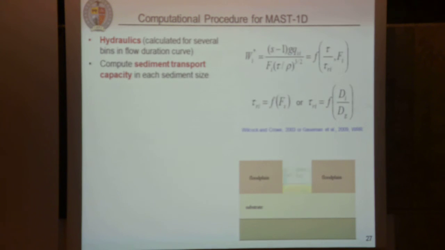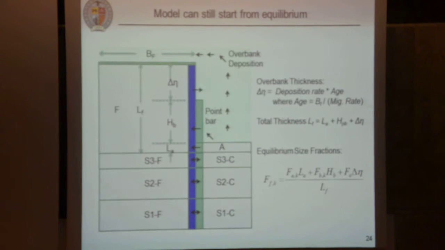Let me go back to the original box where it's just a simple set of two boxes. If the active layer, A, on that graph goes down, then you should in effect be moving material from box S3C into box A, and from box S3F into box F. So that's what we're saying.